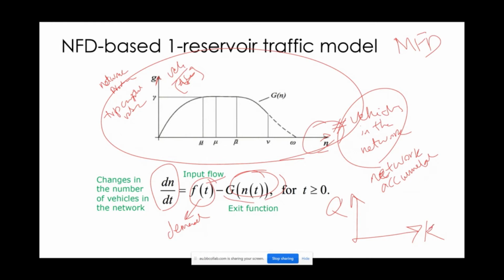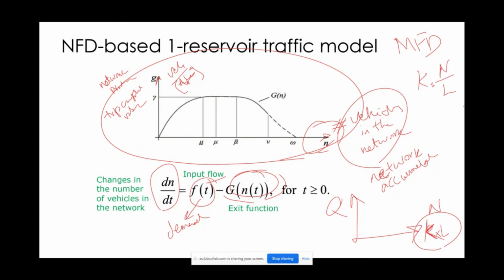So if I multiply this K by the length of the network, L, what does it give me? It gives me the number of vehicles in the network, right? Because K, capital density at the network level, can also be described as the total number of vehicles in the network divided by the length of the network at any time, right?